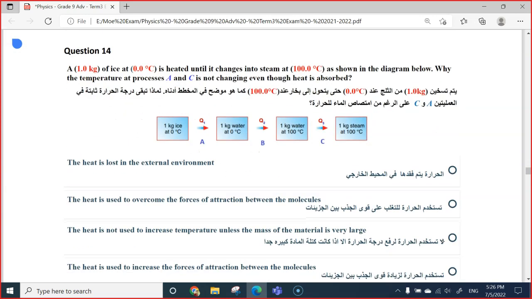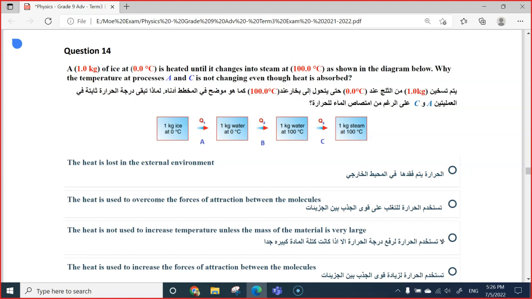Question number 14. 1 kilogram of ice at 0 degrees Celsius is heated until it changes to steam at 100 degrees Celsius as shown in the diagram below. Why is the temperature at process A and C not changing even though heat is absorbed?